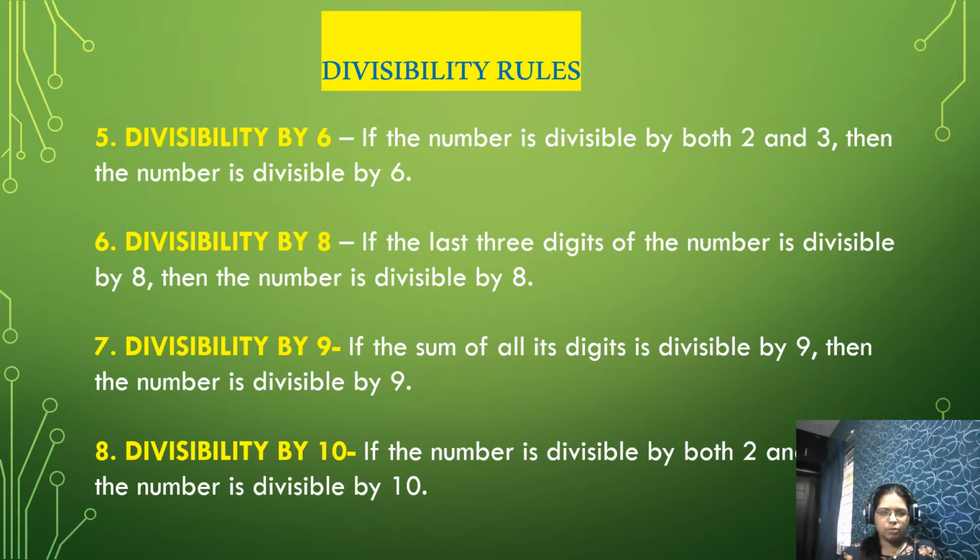If the sum of all its digits is divisible by 9, then the number is divisible by 9. Divisibility by 10. If the number is divisible by both 2 and 5, then the number is divisible by 10. These are the divisibility rules of the numbers 2, 3, 4, 5, 6, 8, 9 and 10.